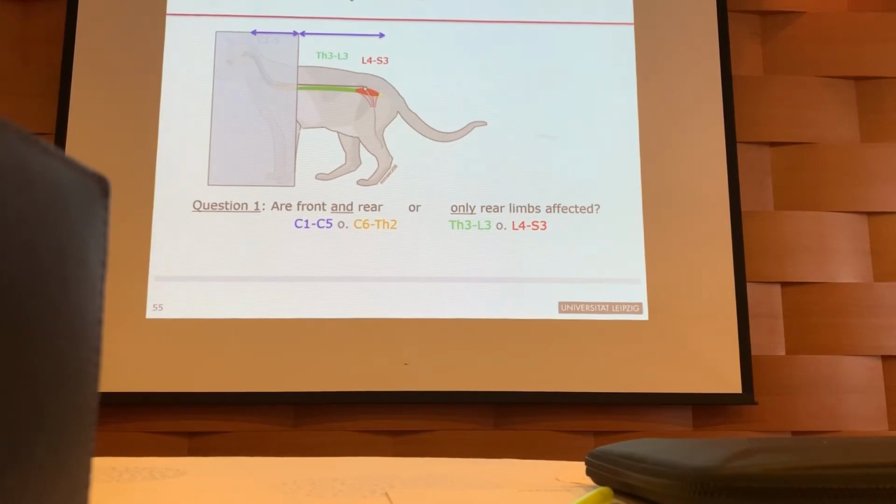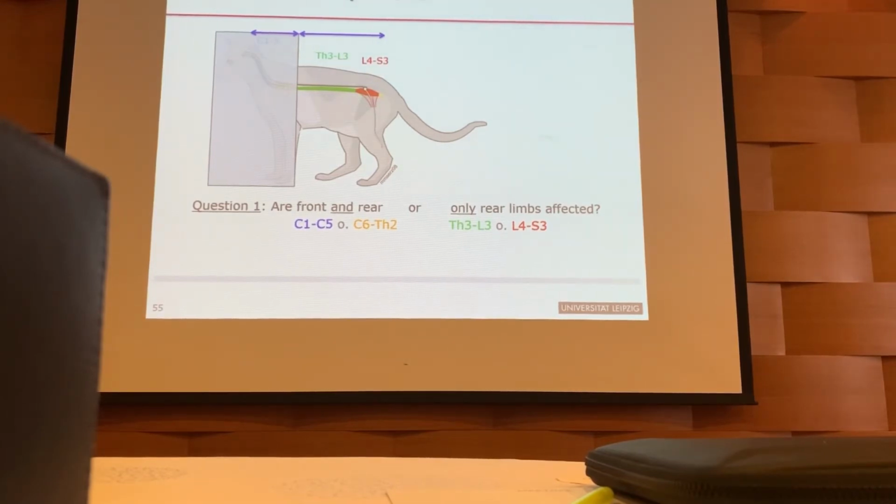What about increased reflexes? Yes, and now I have to use those bad words. If we have a problem in this patient at T3-L3, we lose the inhibition of the upper motor neurons and you may get increased reflexes in the rear. However, I believe we do not need that information. If we have reduced reflexes, the problem is here.